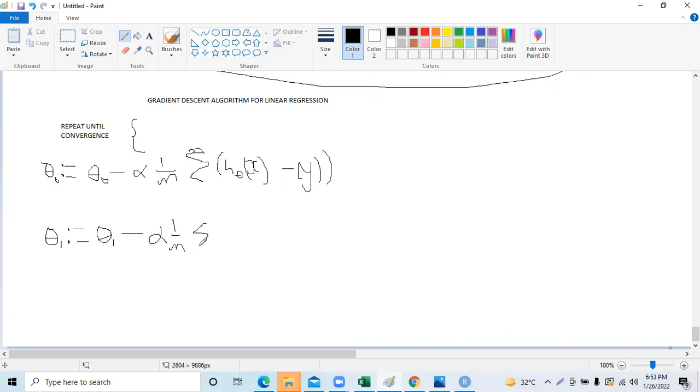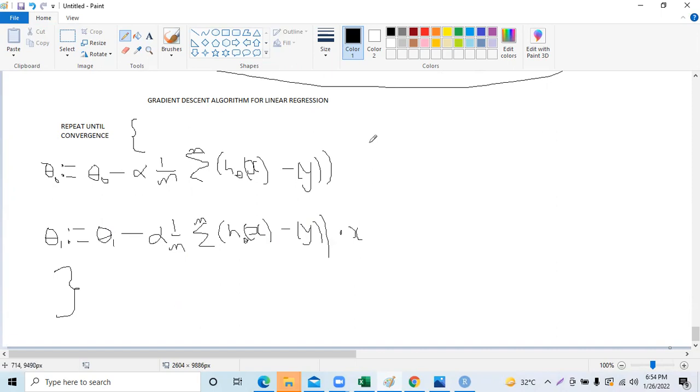Then we have a summation of h of x, bracket is x minus y, bracket is y. Then close this bigger bracket into x, right?